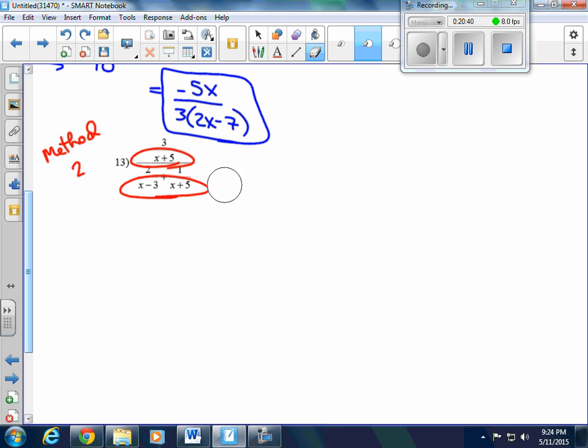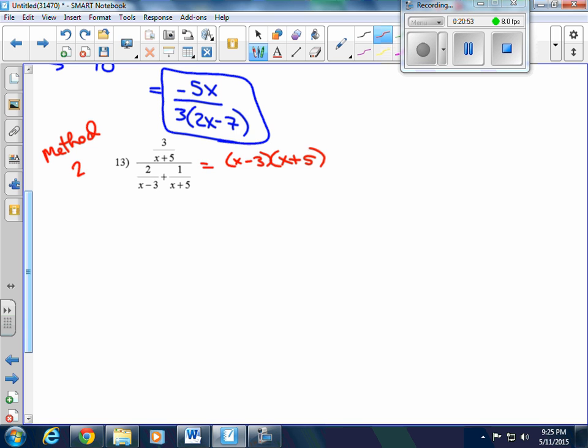So I might as well just get all of those denominators the same right away. The common denominator is going to be x minus 3 times x plus 5. So I'm going to have that, and then I'm going to do the same in the bottom. X minus 3 times x plus 5 here, and also on the right side one. X minus 3 times x plus 5.